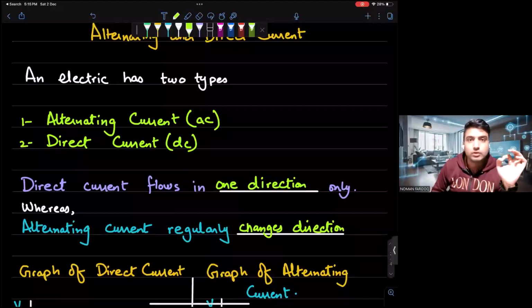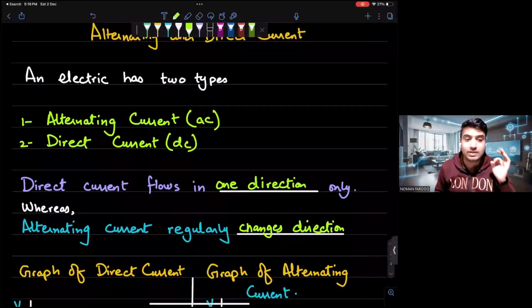So direct current flows in one direction only. This is the most important point. It flows in one direction only, whereas alternating current changes direction regularly.